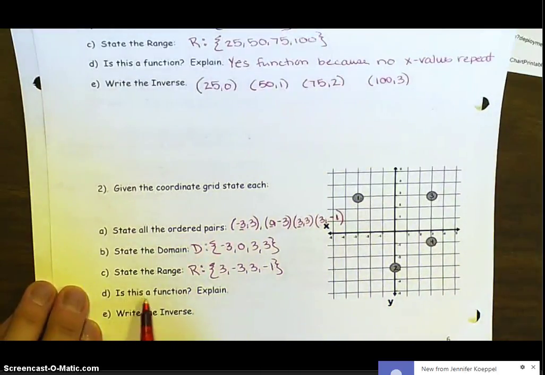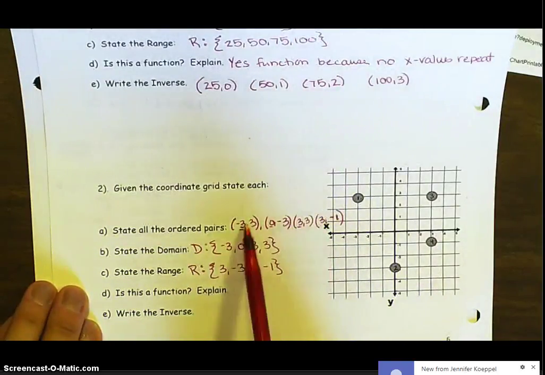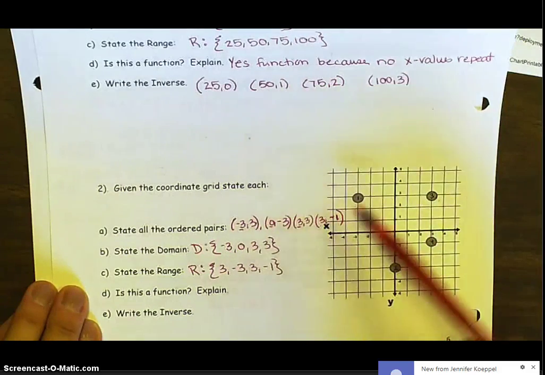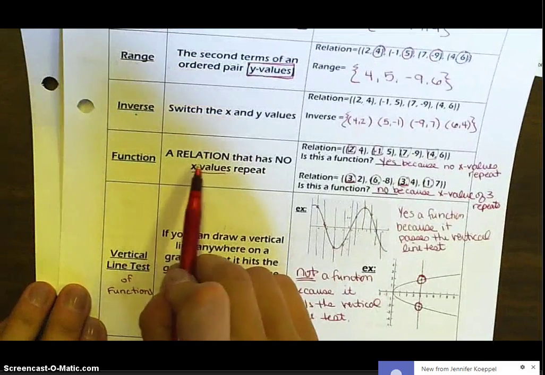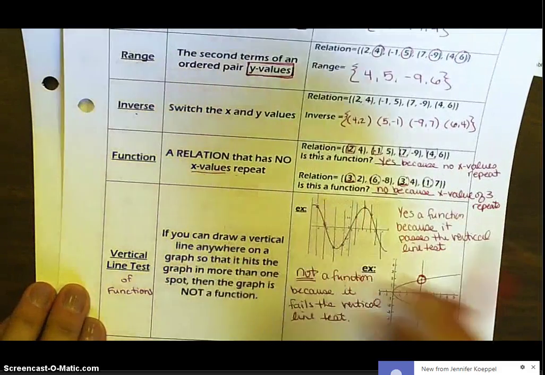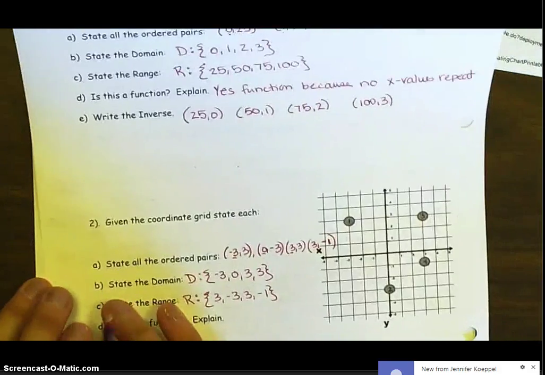Now, is this a function? Explain. Okay, so there's 2 ways that we can look at this. We can either look at the points, at their coordinates, or we can look at the graph, but let's take a look. So let's try the first function test. It's a relation that has no x values that repeat. So let's take a look.